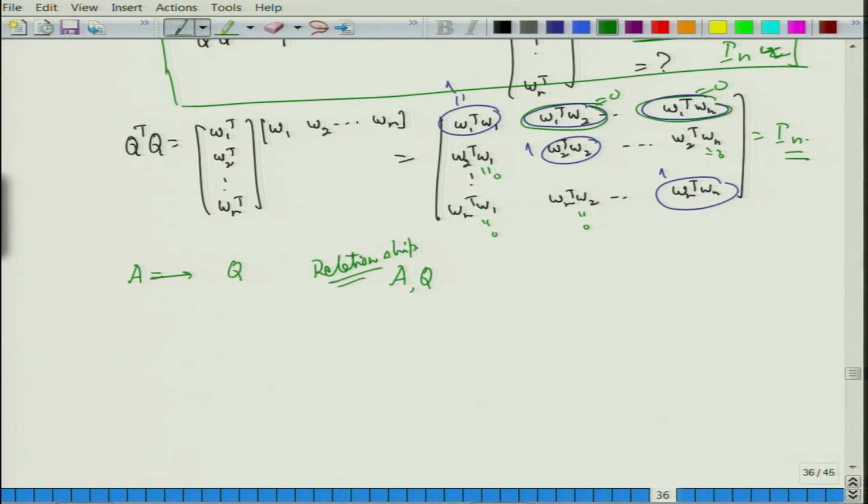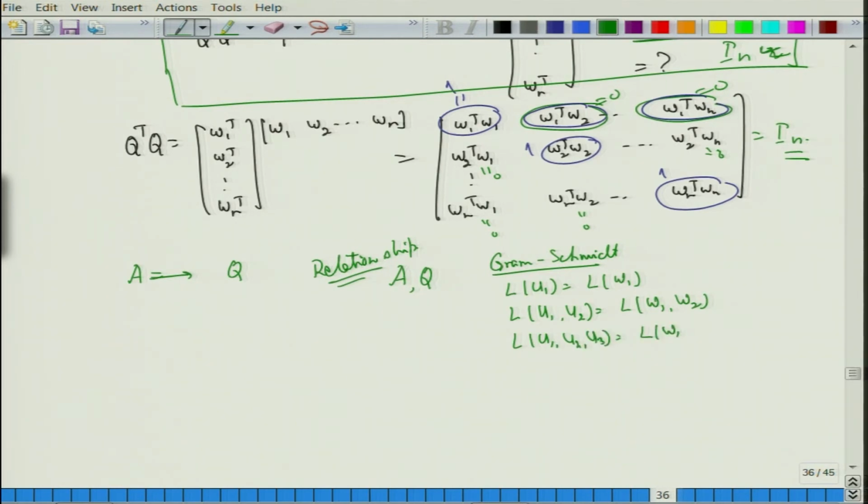If I look at Gram-Schmidt, it tells me that the linear span of U1 is the same as the linear span of W1, the linear span of U1 U2 is the same as the linear span of W1 W2, the linear span of U1 U2 U3 is equal to the linear span of W1 W2 W3, and so on.